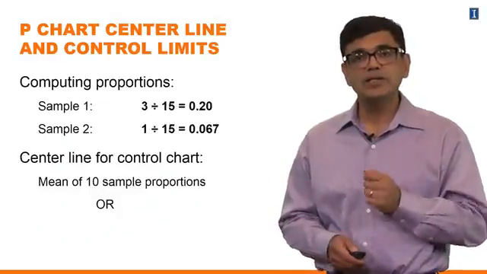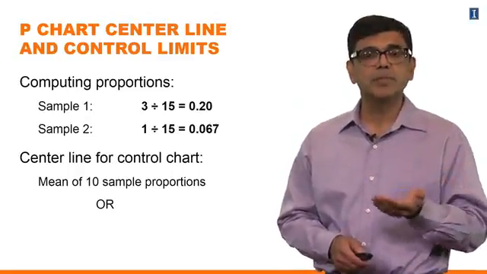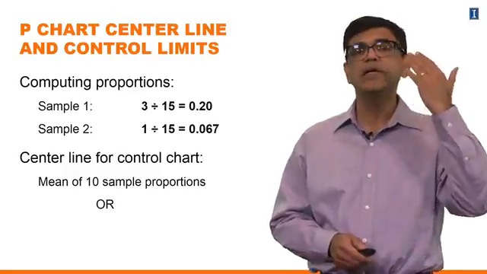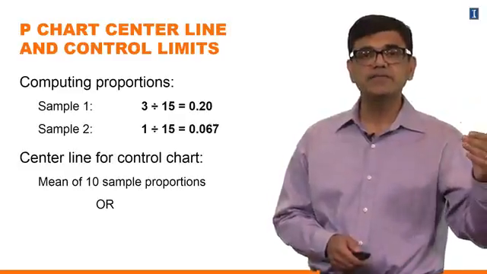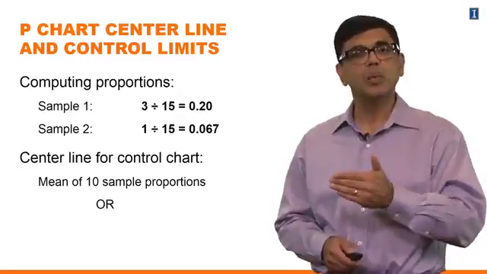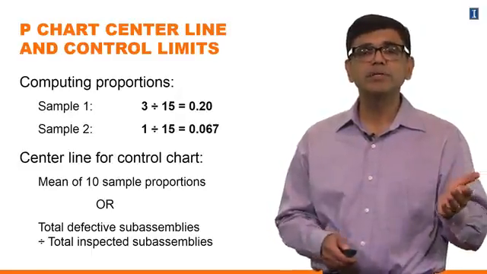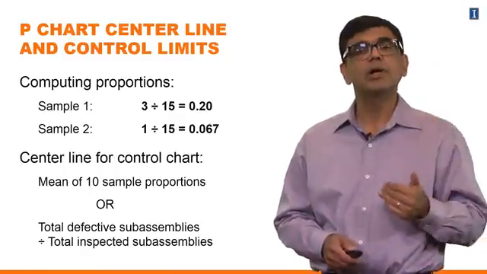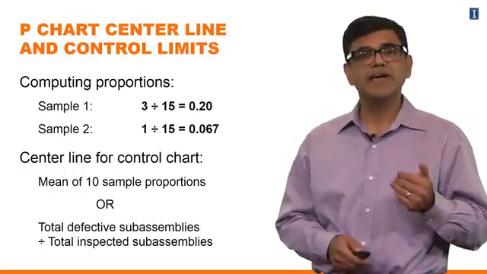All right, so let's go through some of these computations here. In order to get the average proportion over those 10 samples, you can do it 2 ways. You can either take each of the proportions. So the first sample had 3 defective subassemblies out of 15, giving us 0.2. Second one had 1 out of 15, giving us 0.067. Or you can simply take the total 12 defective subassemblies over the 10 samples of size 15.